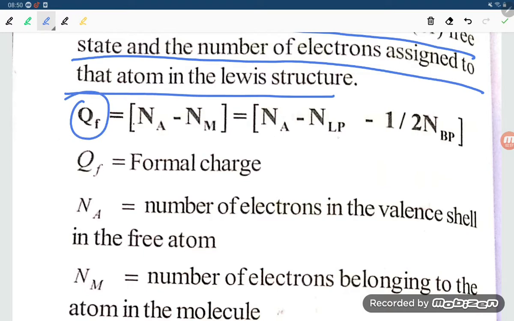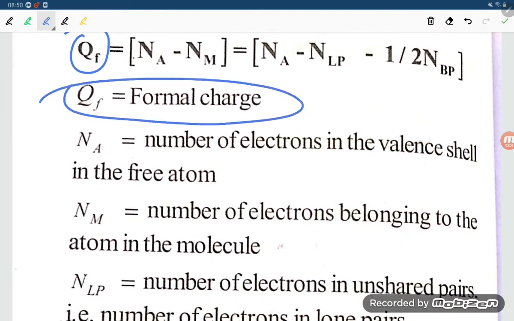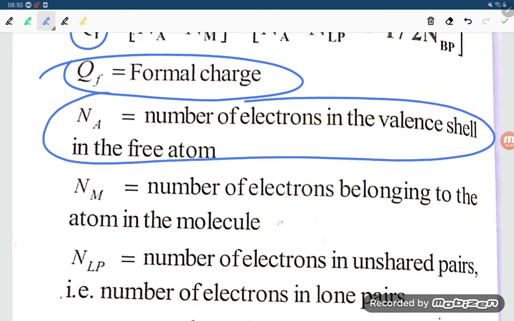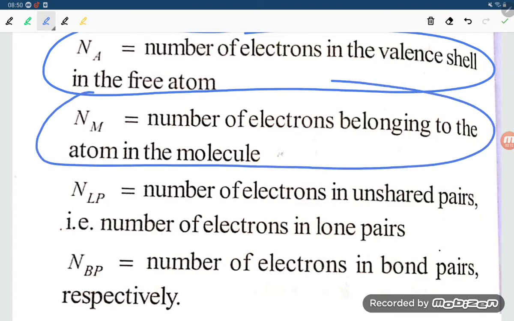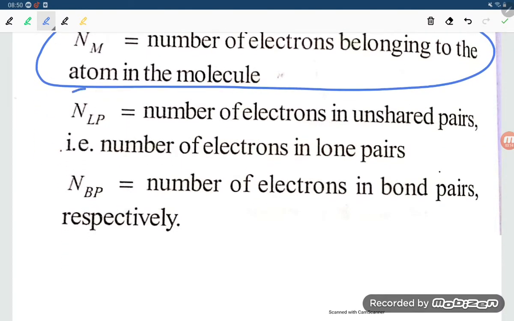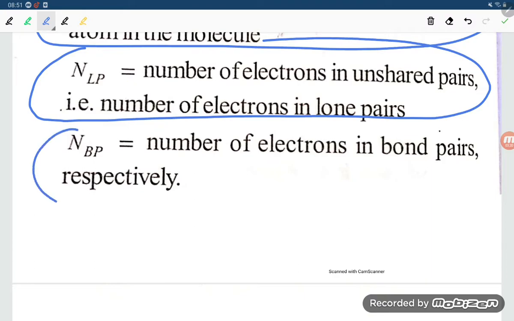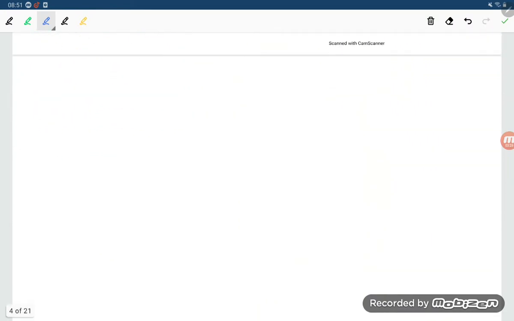QF = Na - NLP - 1/2 N bond pair. Na means number of electrons in the valence shell in the free atom. Nm means number of electrons belonging to the atom in the molecule. NLP means number of electrons in the lone pair. NBP means number of electrons in the bond pair respectively.